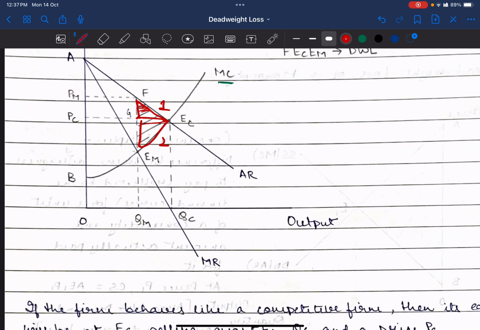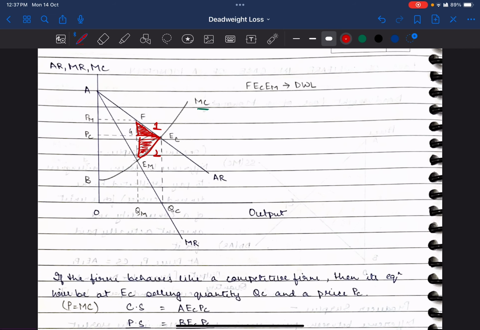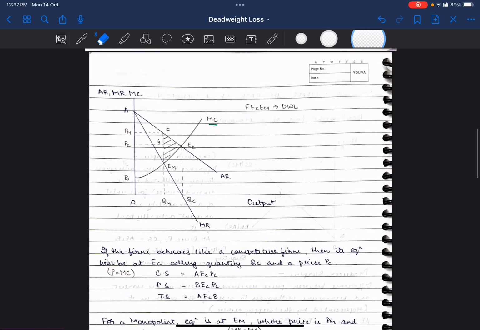So this triangle represents the consumption distortion loss. Similarly, this triangle 2 is the production distortion loss, as there were a few producers who were willing to supply when the price was PC, but they are now excluded from the market, and thus this area 2 represents the production distortion loss.